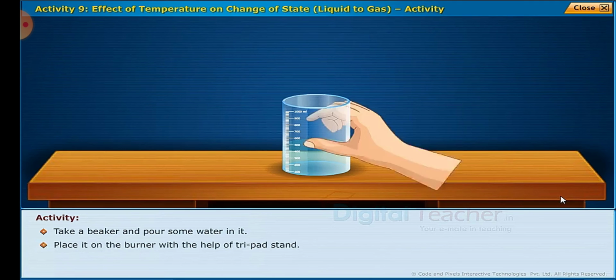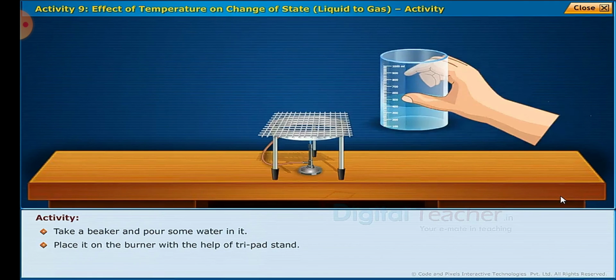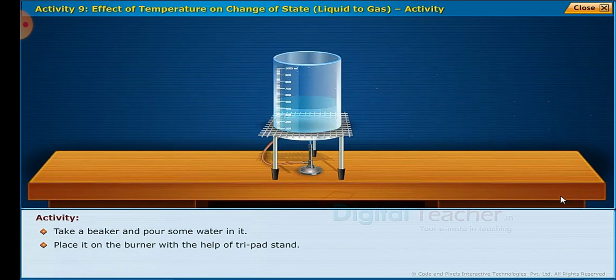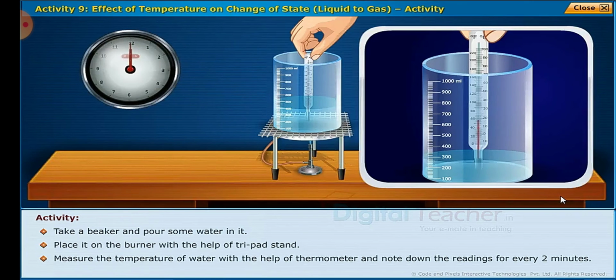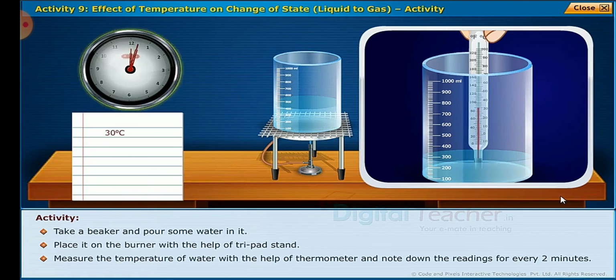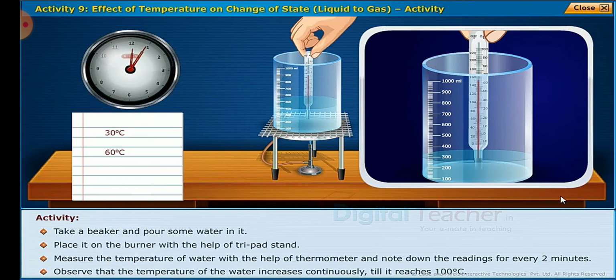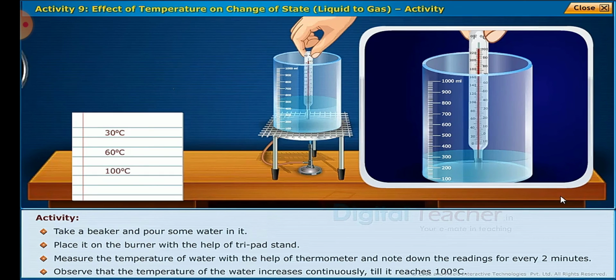Place it on the burner with the help of tripod stand. Measure the temperature of water with the help of thermometer and note down the readings for every 2 minutes. Observe that the temperature of the water increases continuously till it reaches 100 degrees Celsius.